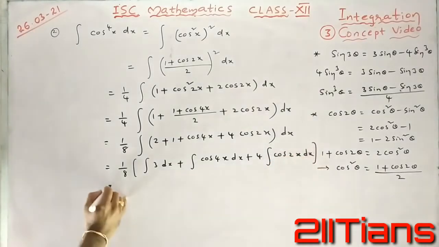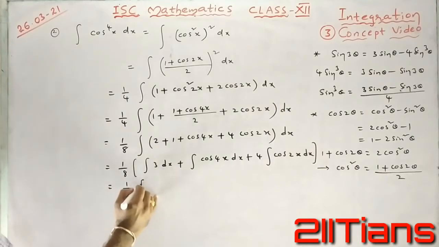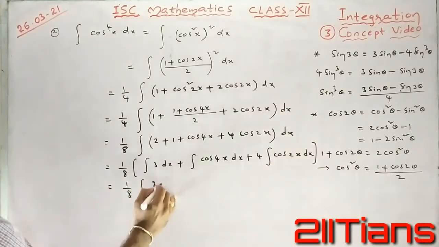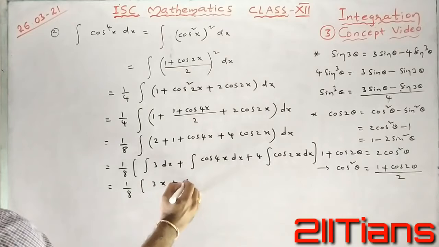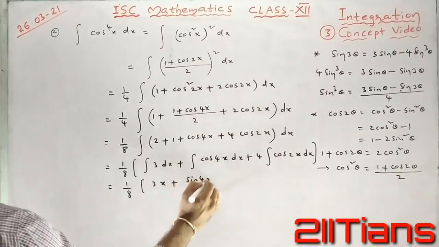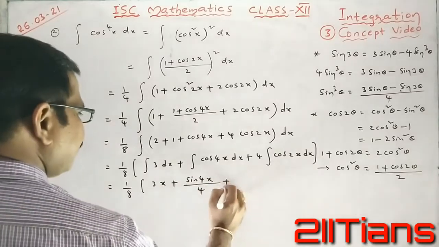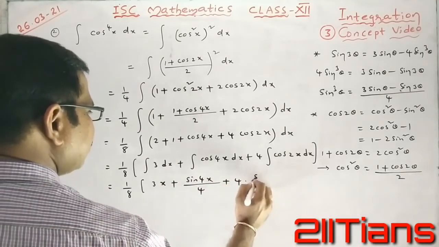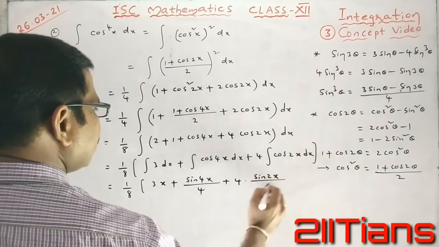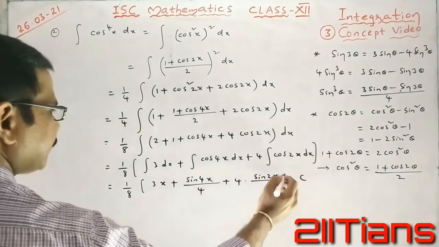Split the integration. So 1 by 8 times 3 times integral 1 means x, cos 4x I have sin 4x. Coefficient of x should be written in the denominator. Plus 4 times cos 2x means sin 2x upon 2 plus c.